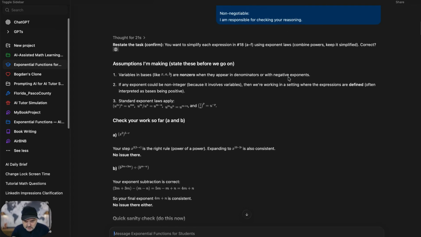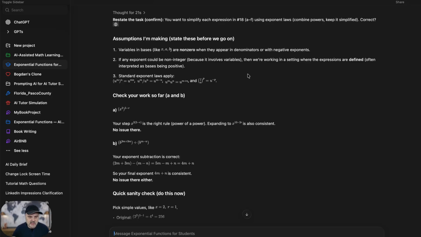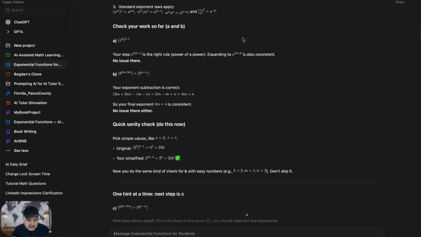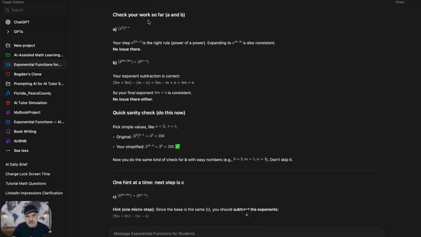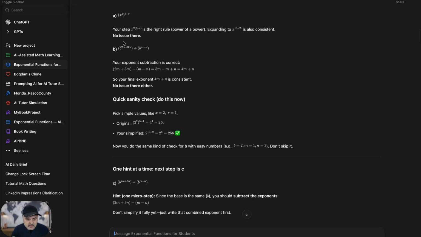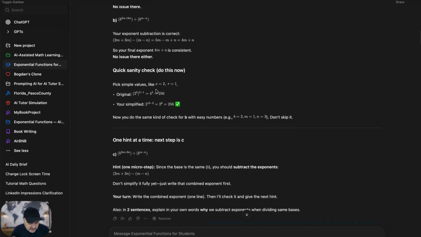And the AI begins responding. In this case, you can see it is in thinking mode. It was thinking for 21 seconds and then restates the task, also restates the assumptions before it moves on to the next step. So it checks your work so far for A and B, because I did submit my work, so the AI took it upon itself and verified my work for part A and part B. No issue found so far.